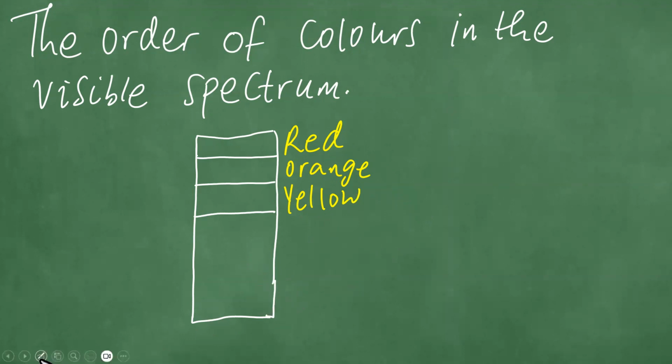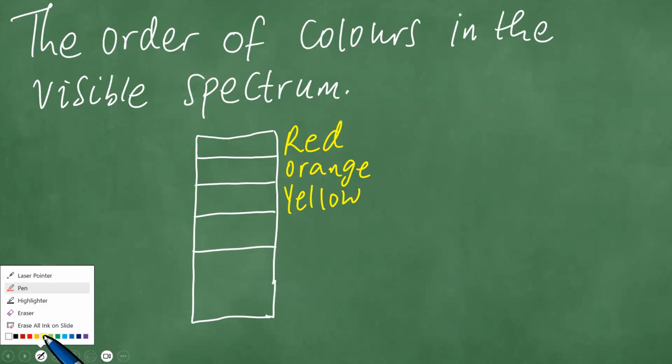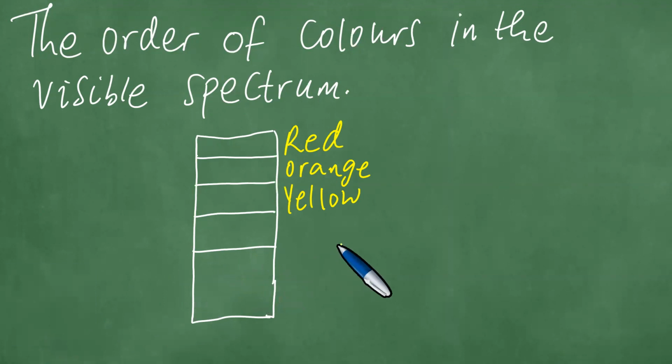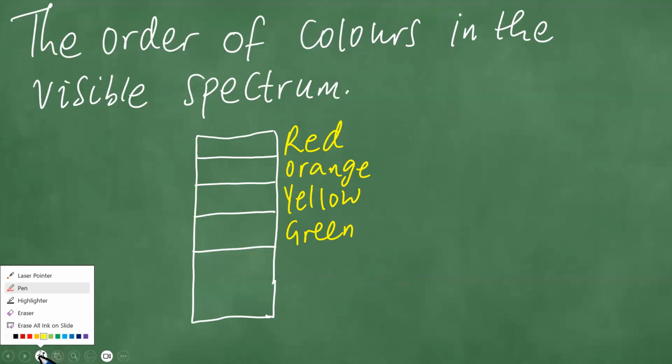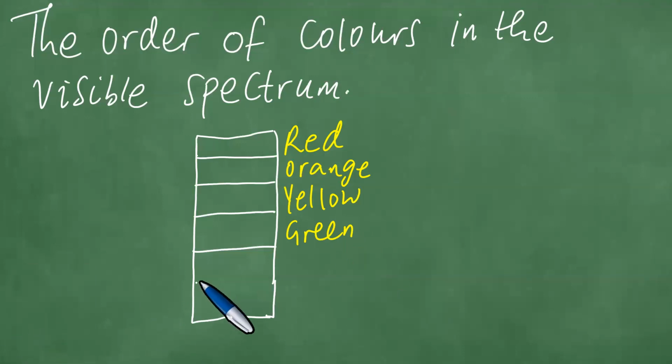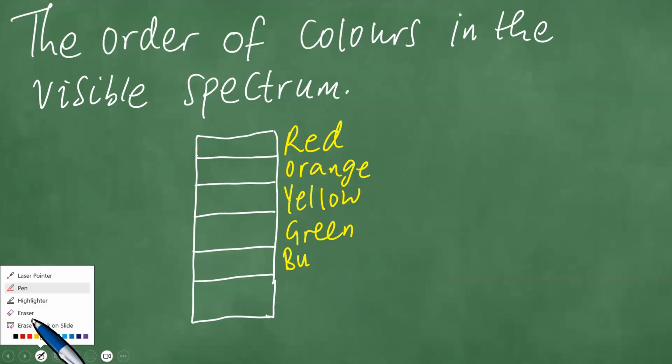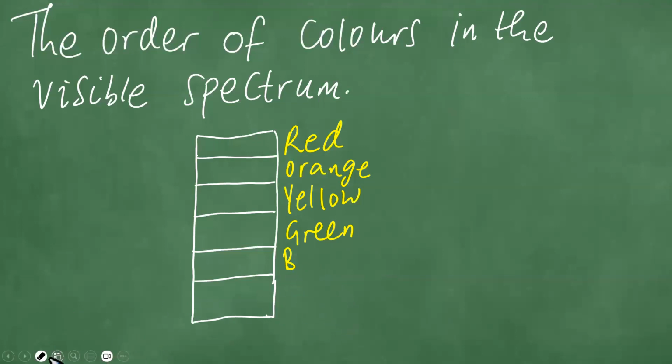Yellow. Okay. After yellow is what, Leander? Green. After green is what, Leander? Blue. Well done. Excellent stuff.